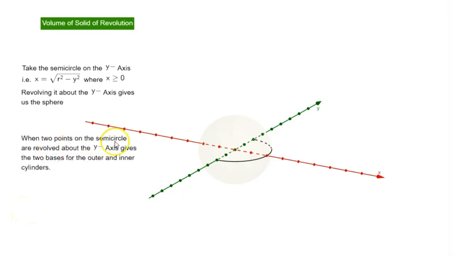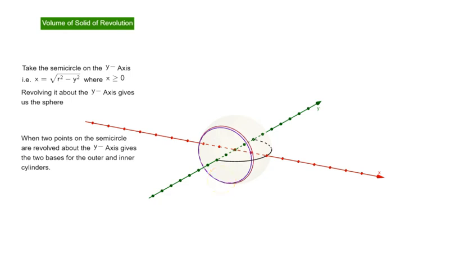Now, when two points on the semicircle are revolved about the y-axis, they give the two bases for the outer and inner cylinders. We have taken a point on the semicircle, revolved it about the y-axis, which gives us a circle. Similarly, we take a very close by point and revolve it about the y-axis.